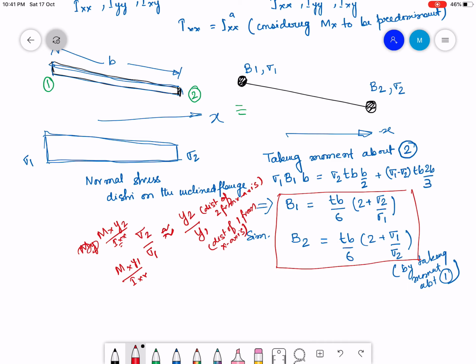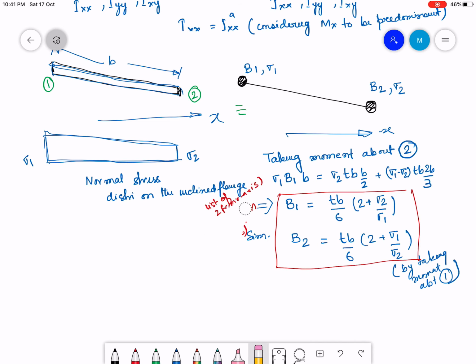Now let me see what is happening if the flange was not inclined but horizontal, that is, parallel to the x-axis.